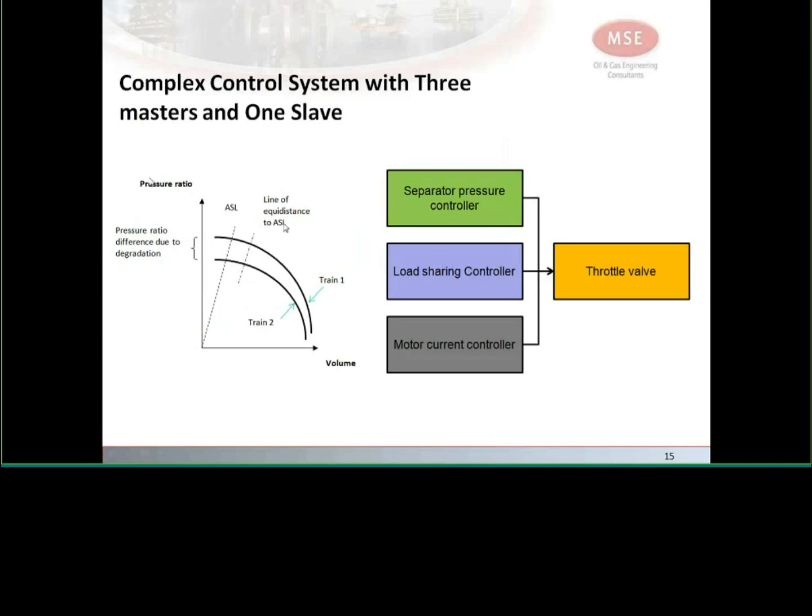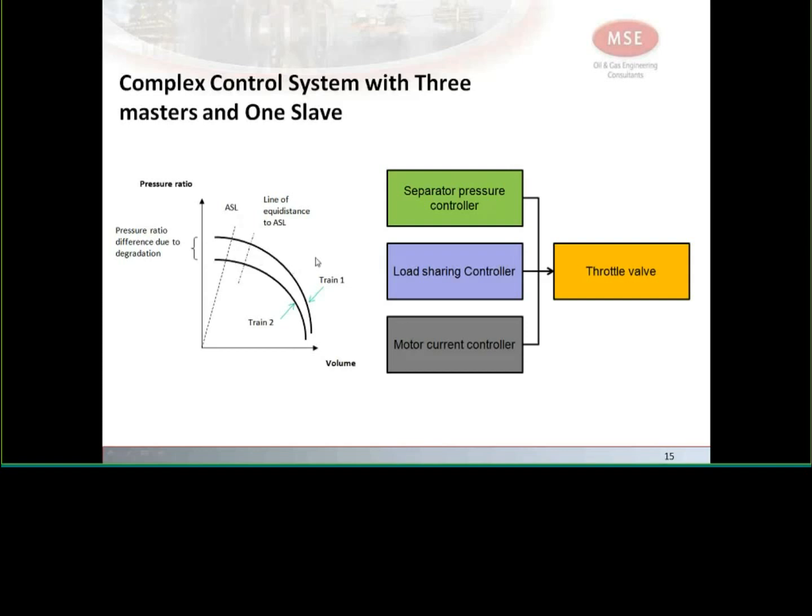Now the other question, and this is the graph on the left-hand side, is whether the control system was actually doing what it was meant to do. The TAC load sharing controller that was installed tries to maintain the same distance between the anti-surge line and the operating point on the map for both trains.